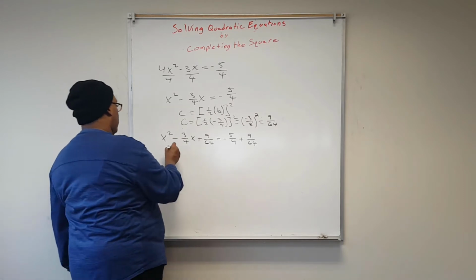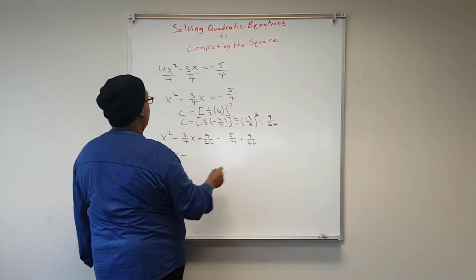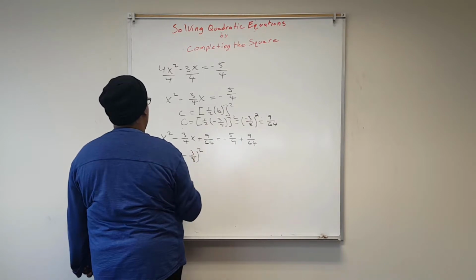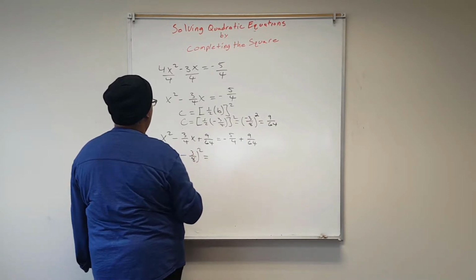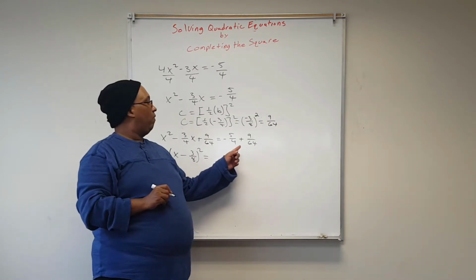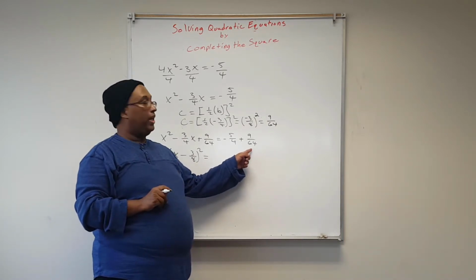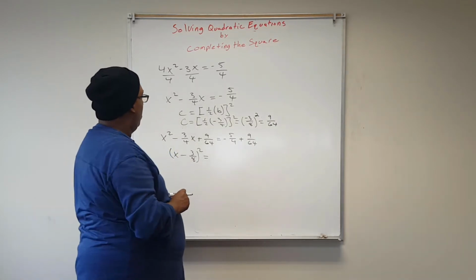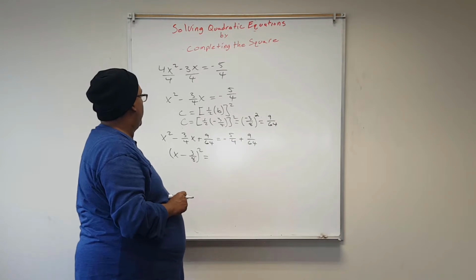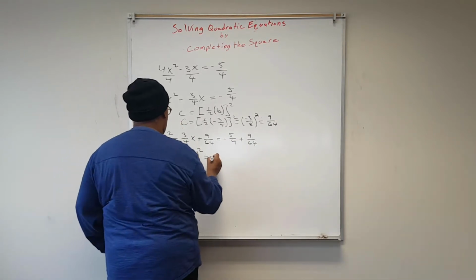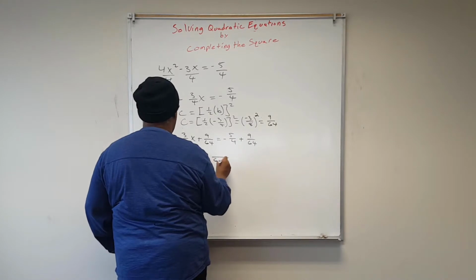This becomes x minus 3/8 squared equals, well, now I have to figure out what I need to multiply here to get a common denominator. Well, that's just going to be by 16. 16 gives us 64.